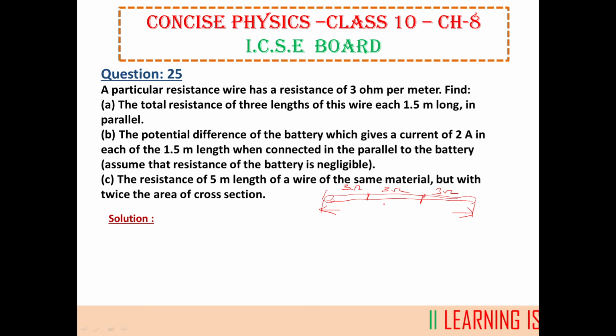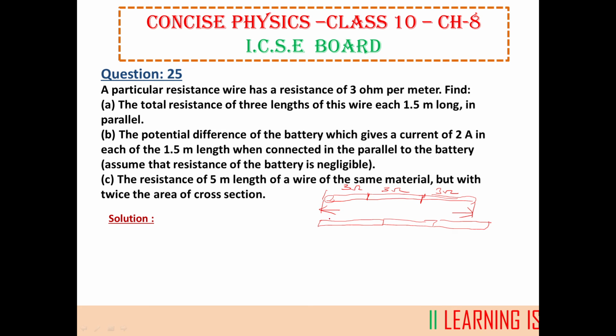A particular resistance wire has a resistance of 3 ohm per meter. Find the total resistance of 3 lengths of this wire, each 1.5 meter long. So if I take a wire, this is 1.5 meter length, there are 3 portions, 3 lengths. So this is also 1.5, this is also 1.5. So per meter is 3 ohm, it is 1.5 length.